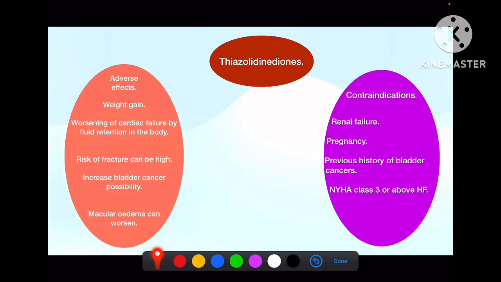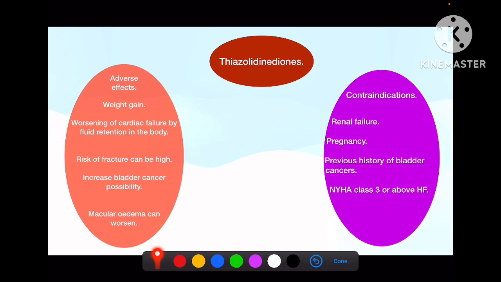Other one is fluid retention. If you give thiazolidinedione to a patient with heart failure, then the heart failure might worsen. Other one is the risk of fracture can be high. Other one is an impact in bladder cancer, right? Other one is macular edema can also worsen.